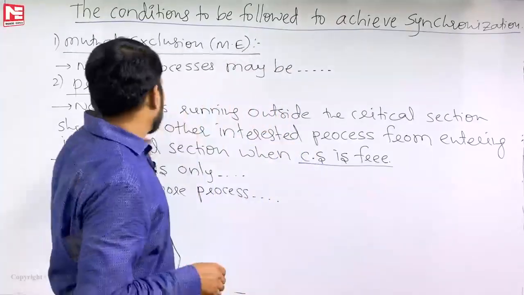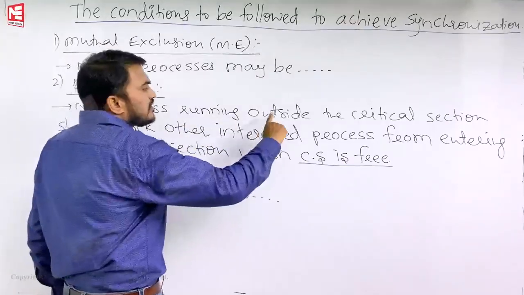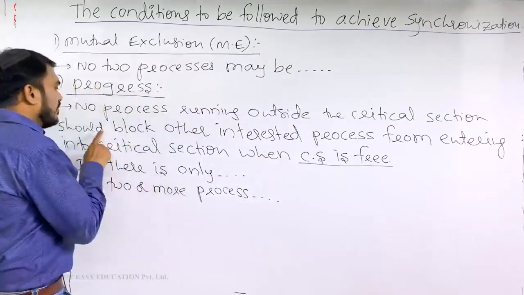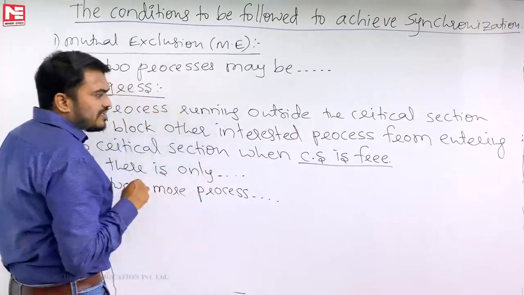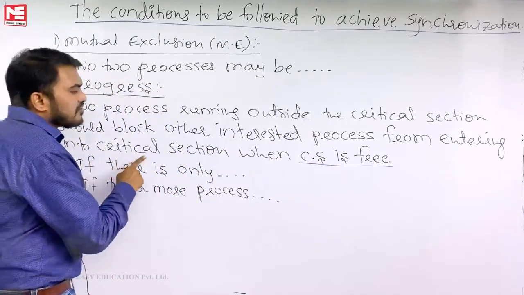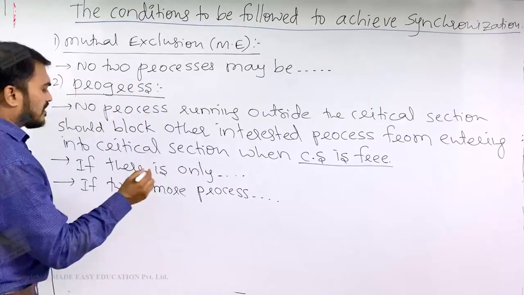Now, what is the meaning of the first statement? Listen one by one. No process running outside the critical section should block the other interested process from entering into the critical section when the critical section is free. What does this mean?